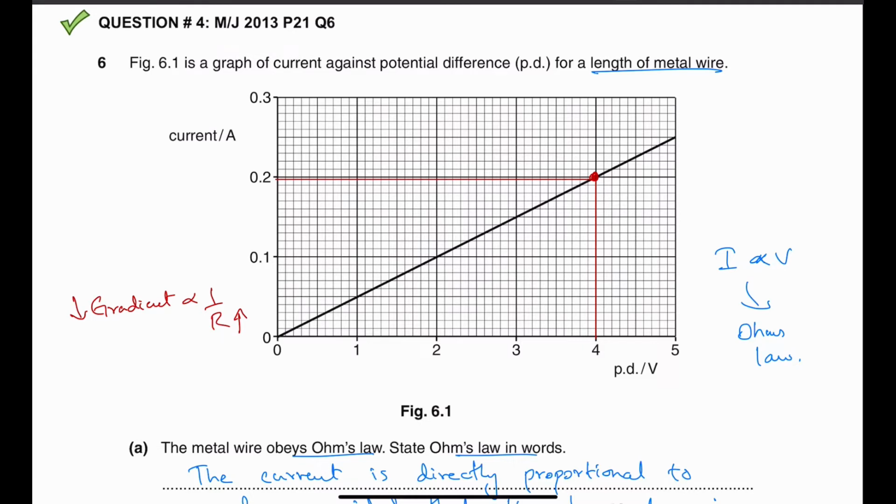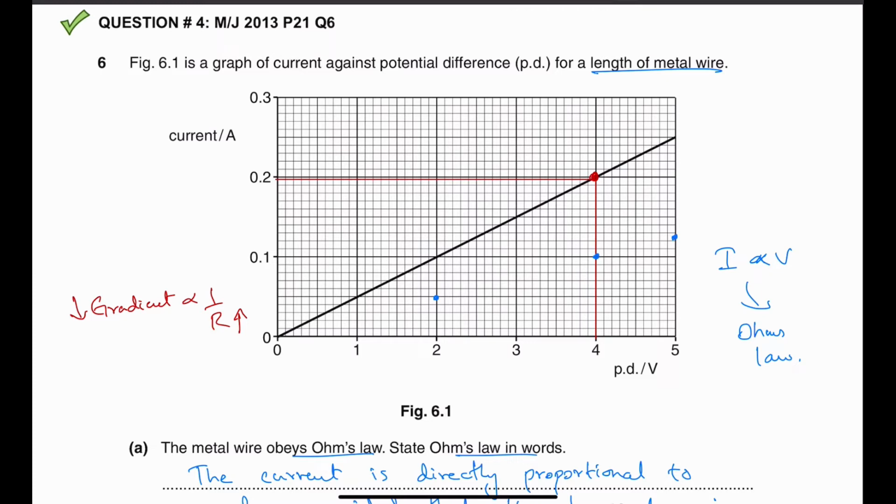So if the current at 2 volts was 0.1, for the new wire it would be just 0.05. If at 4 volts the current was 0.2 for the previous wire, for the new wire it would only be 0.1. And at 5 volts, let's say, if the current for the previous wire was 0.25, for the new wire it would be around somewhere here, which is 0.125.